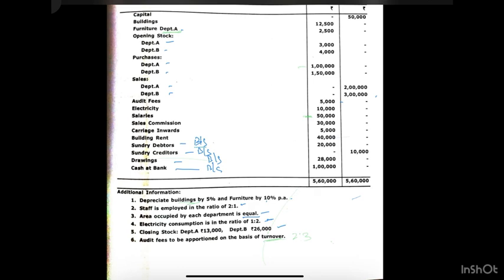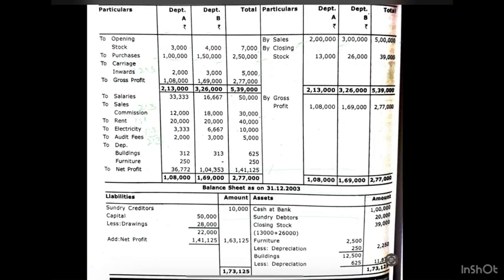The building value is 12,500, and on that we have to find the 5%, which is 625. That is to be divided in the ratio of area occupied, equal 1:1, so 312.50 each. Instead of that, we have taken 312 and 313. Furniture belongs only to Department A, 250 taken here.